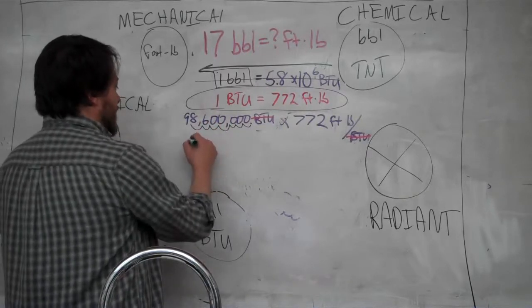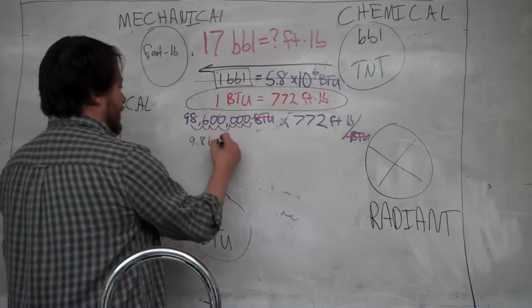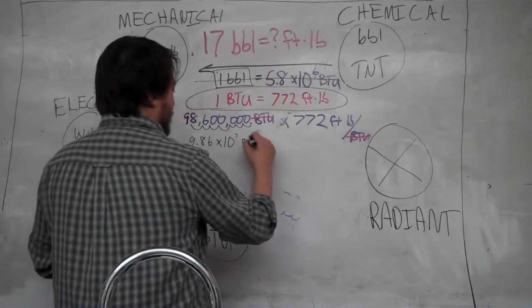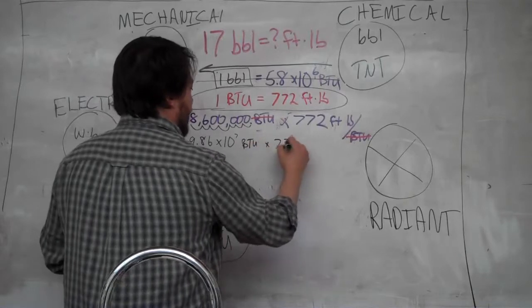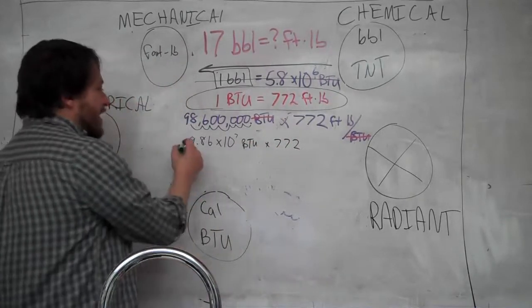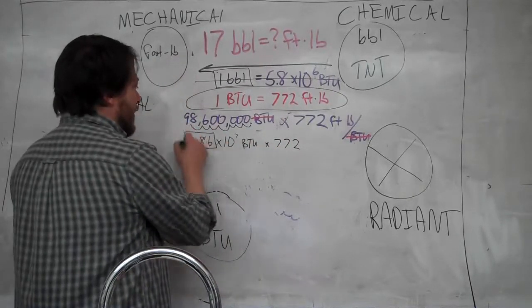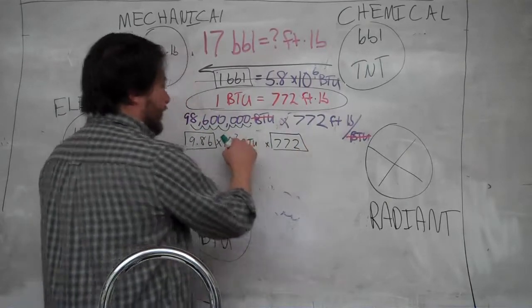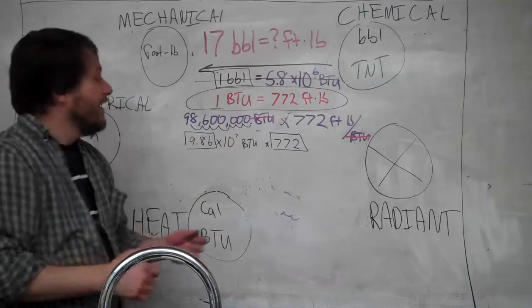So that's 9.86 times 10 to the 7th BTUs times 772. Then we can just multiply this times this, and put this many zeros at the end. It's not that hard.